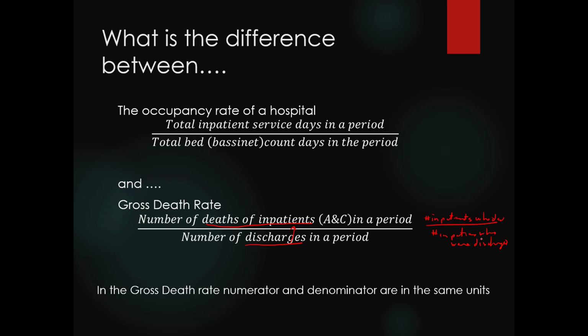So this is a subset of all the discharges. Here, we have inpatient service days. So it's days. This is also days, but this is bed count days. So this is different. So the units are different in one from the other. And so I want you to pay attention to that. I know you don't know what these are right now, but just pay attention that they're dealing with different things.